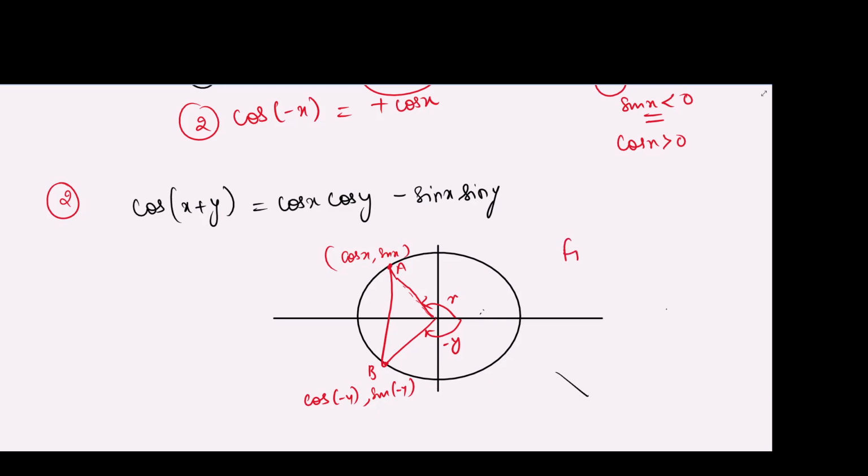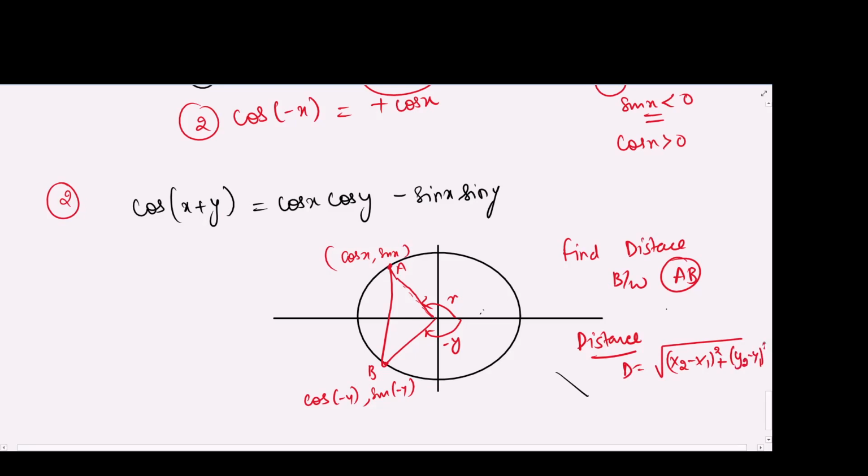Now find the distance between AB, which is given by the distance formula. So we will learn this distance formula in the later chapter, straight lines. So the formula is given by square root of x2 minus x1 whole square plus y2 minus y1 whole square.